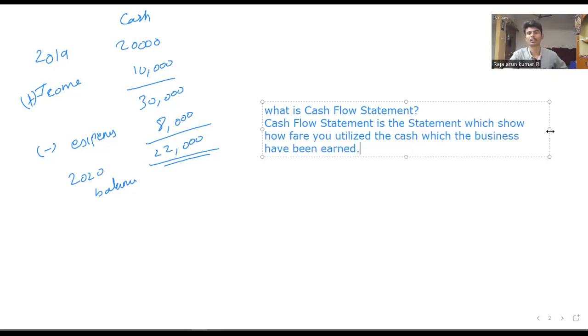This only I explain now in different concepts. What is a cash flow statement? Cash flow statement is the statement which shows how far you utilize the cash which the business has earned.